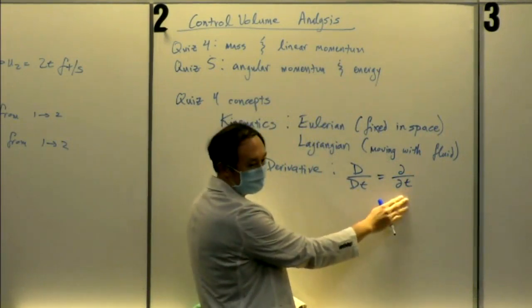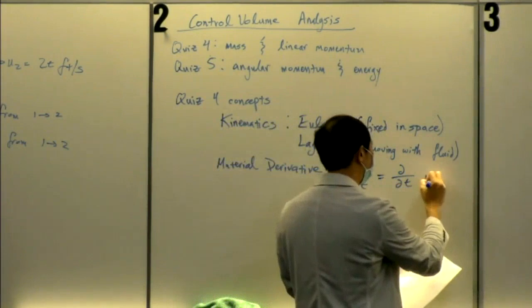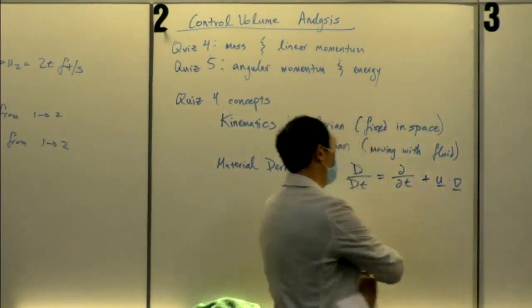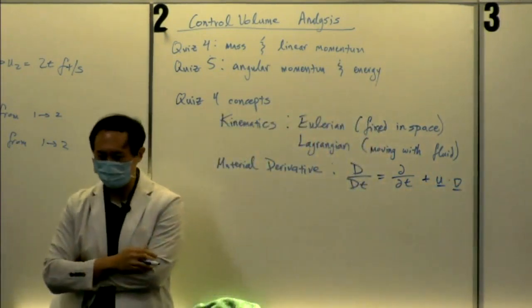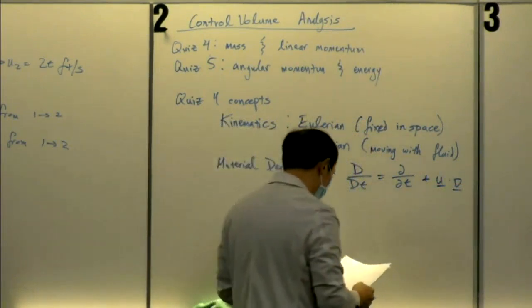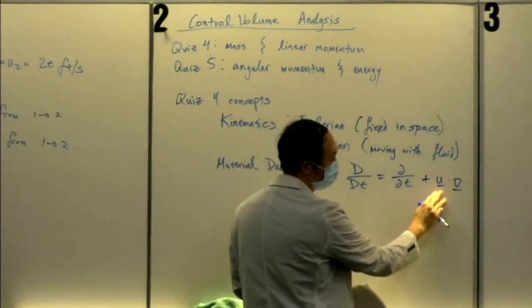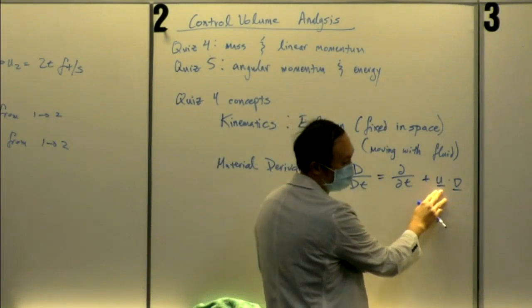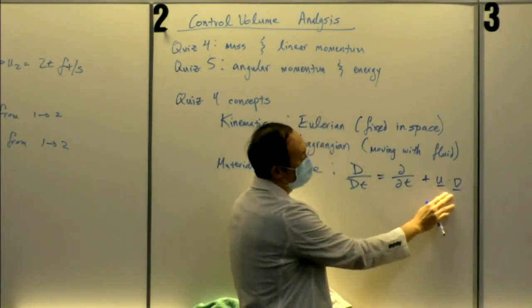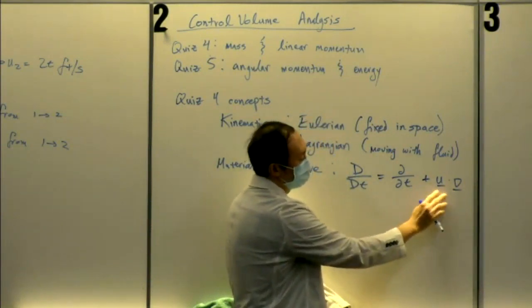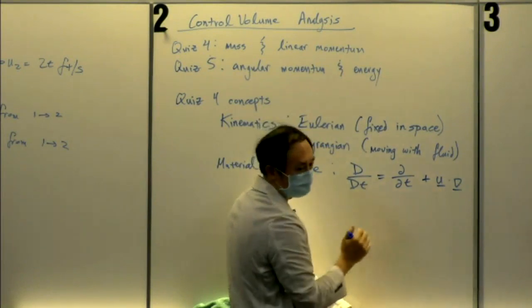It means you're taking the partial derivative with respect to time plus this convective derivative, U dot del. U is the velocity vector, tells you how much the fluid is moving. And basically, this is how much the fluid is changing in the direction of the velocity.